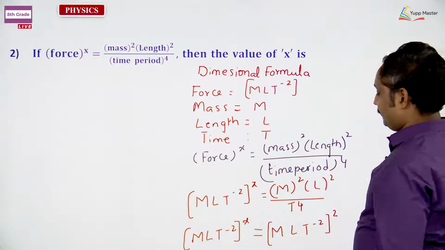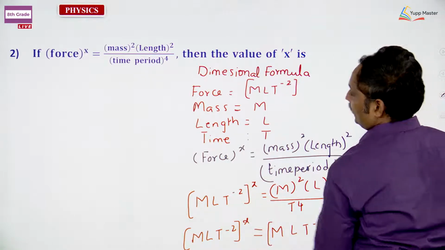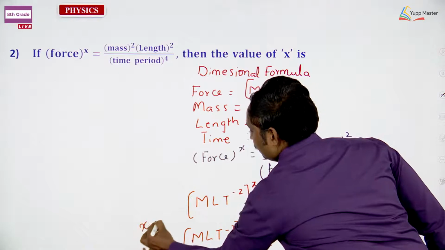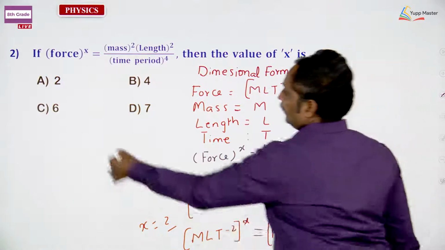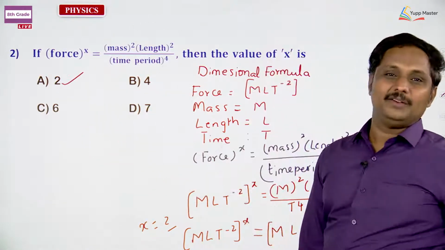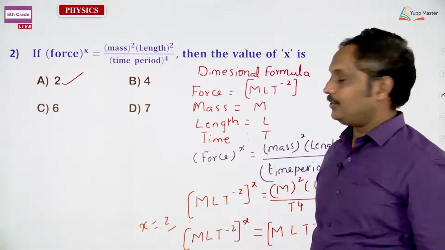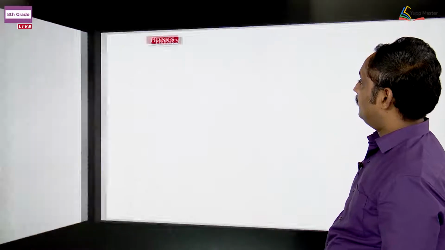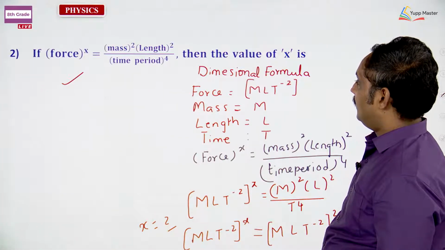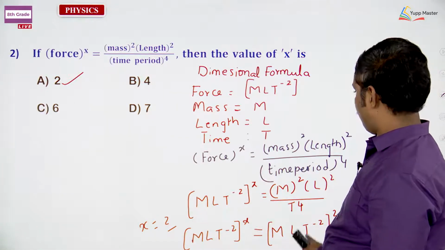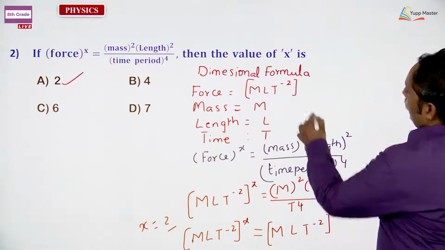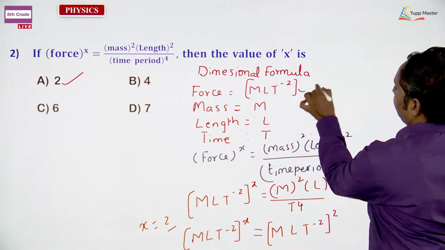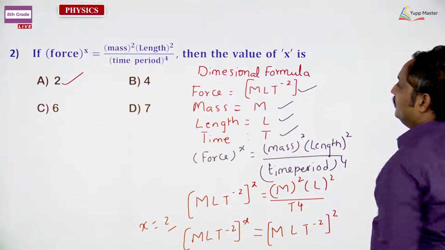You get the powers, then x is equal to 2. It is very clear. You will get the first equation. Very simple basic questions. As compared to the first one, this is very simple. You can solve that. Yes, we have the observation, that is 2. This is defined, this is also very clear.